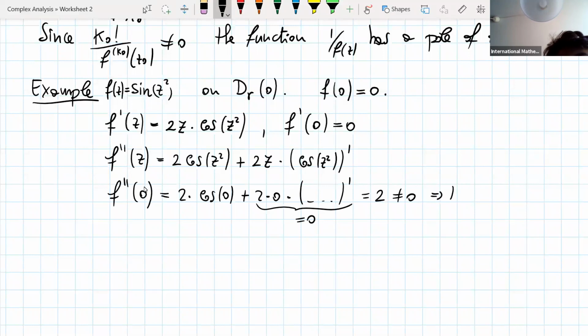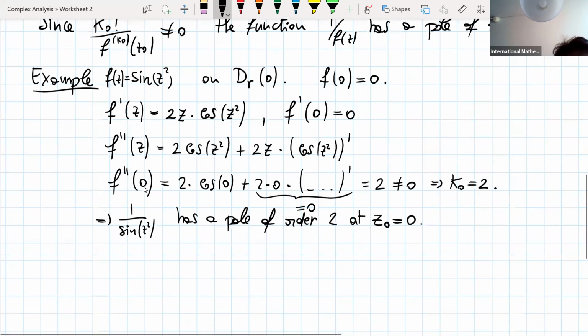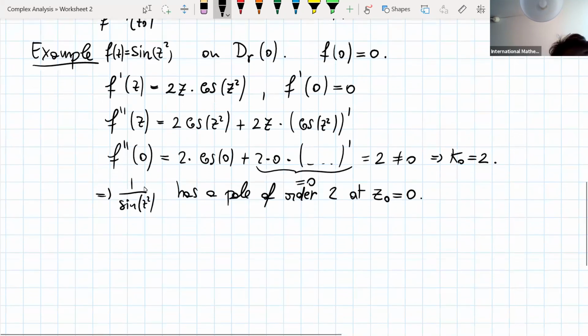So this implies that k0 is equal to 2 in this case, which means that 1 over sine of z squared has a pole of order 2 at z0 equal to 0.